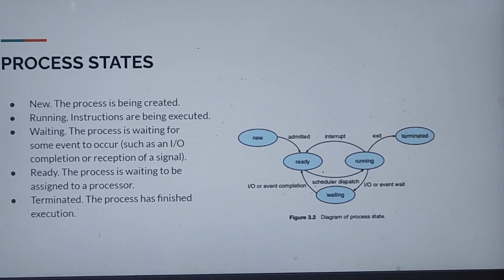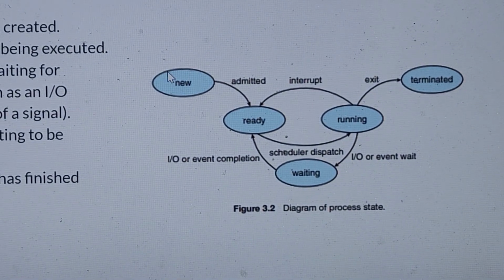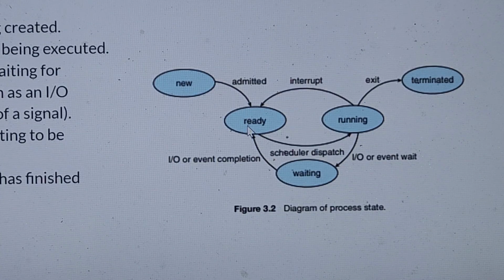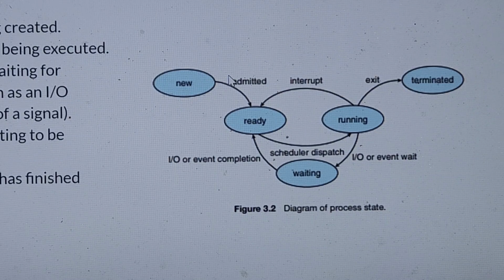So we will look at this diagram a little bit. So initially, if you see, when a process has just been created, it is in the new state. It is then admitted to the ready state. So admitted, what it means is, a process has been created. You need to run a quick check. You need to see what this process needs, what kind of resources it needs. Does it need any input output?